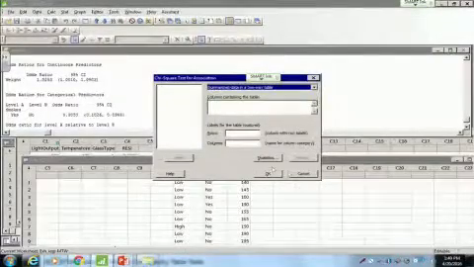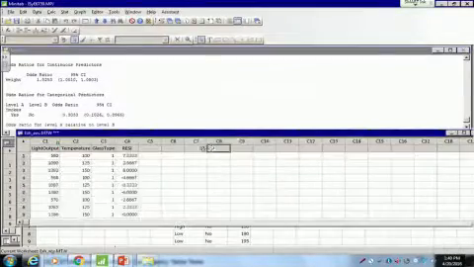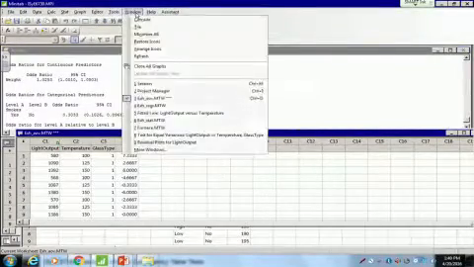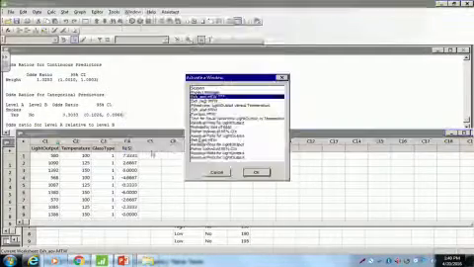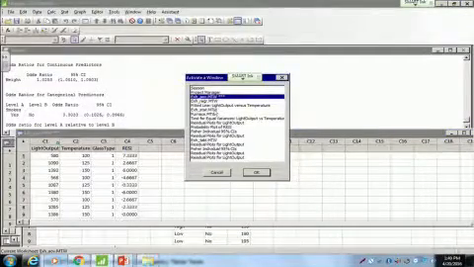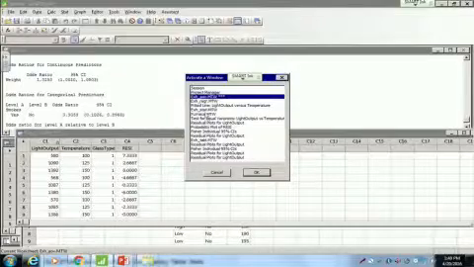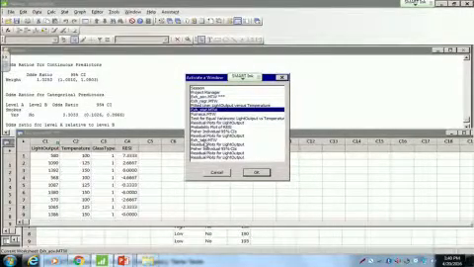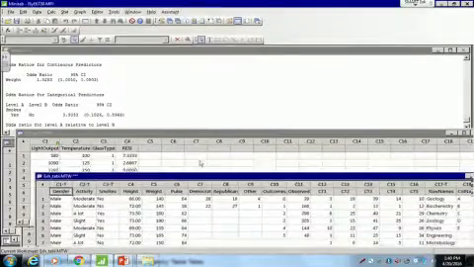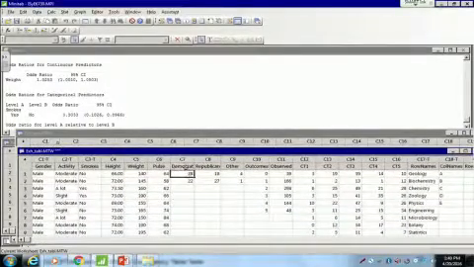Let me find the data I'm looking for first. Here.